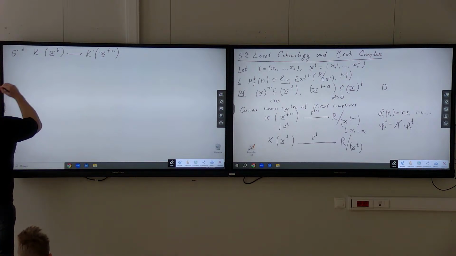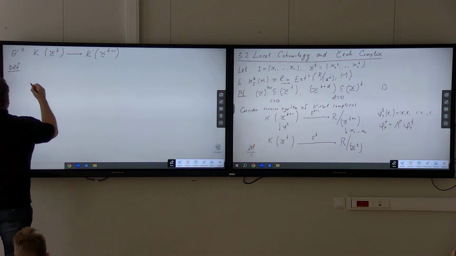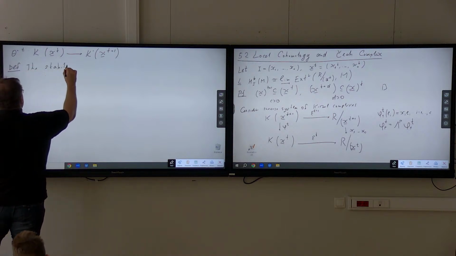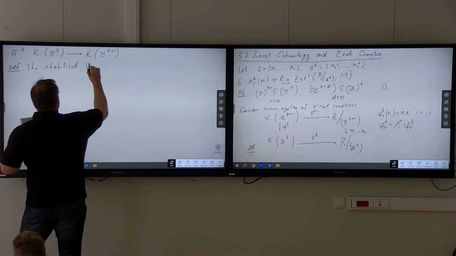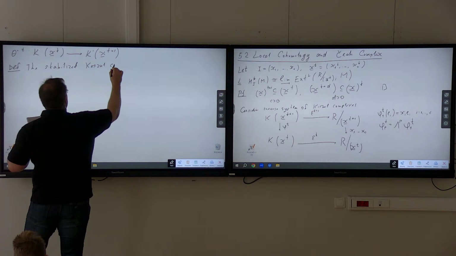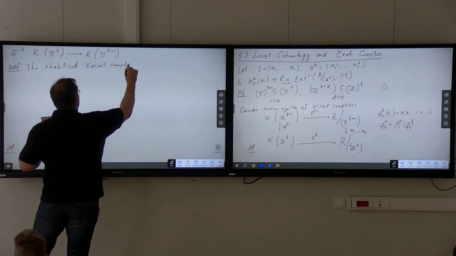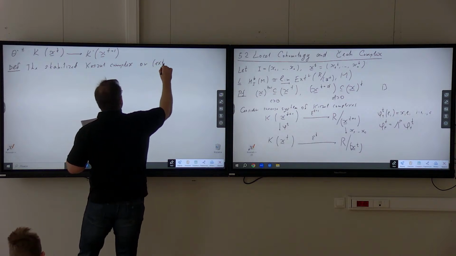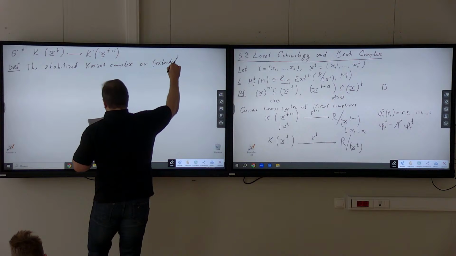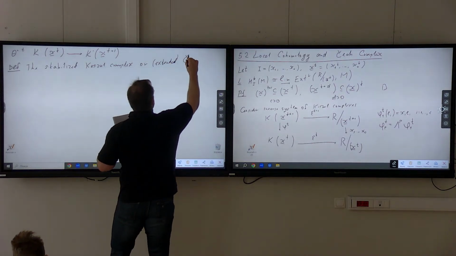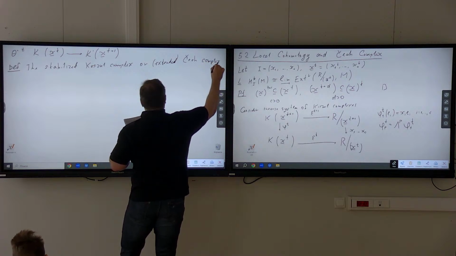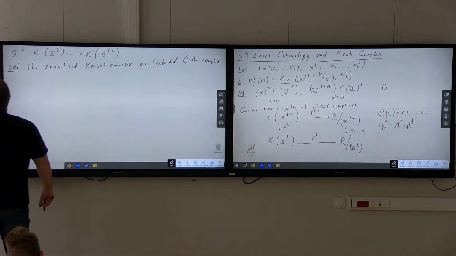Okay, definition. The stabilized Koszul complex, or sometimes the same object is called the extended Czech complex, is another name for the same thing.